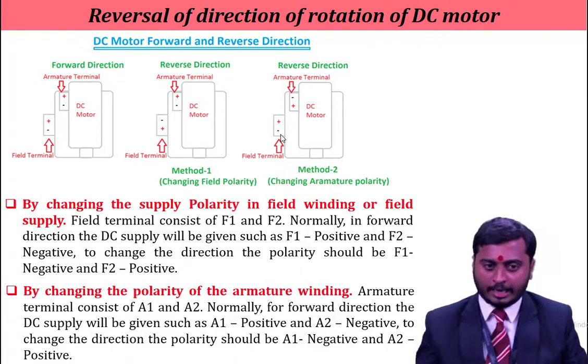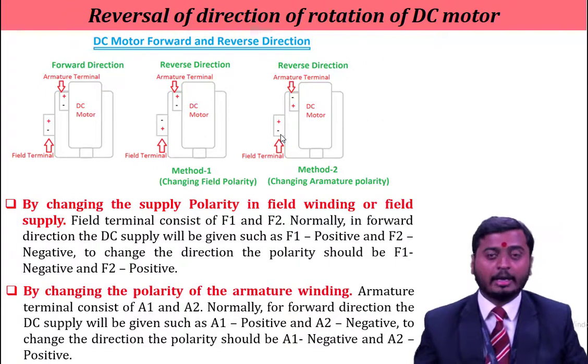Normally for the forward direction, the DC supply is given in such a way that A1 is connected to positive and A2 is connected to negative. If you want to change the direction of the motor, then the polarity should be reversed, that is A1 should be negative and A2 should be positive. So in this way you can reverse the direction of rotation of a DC motor.